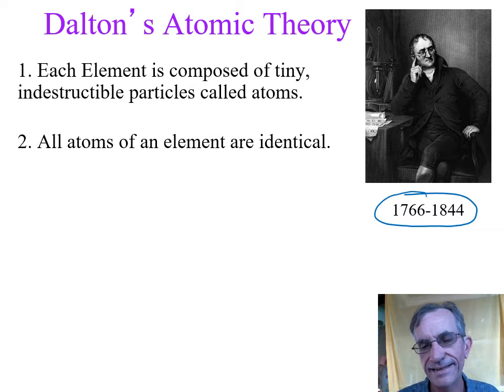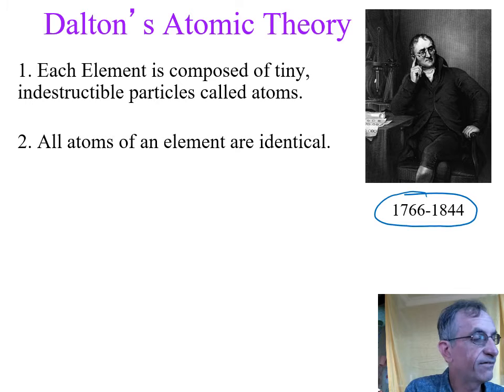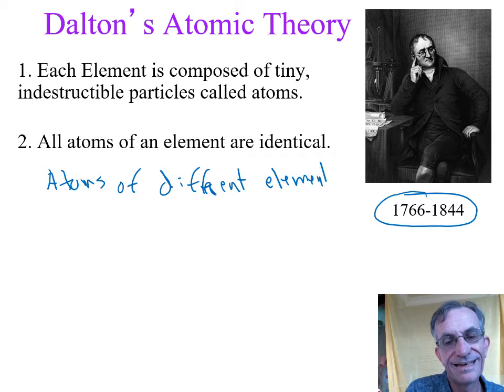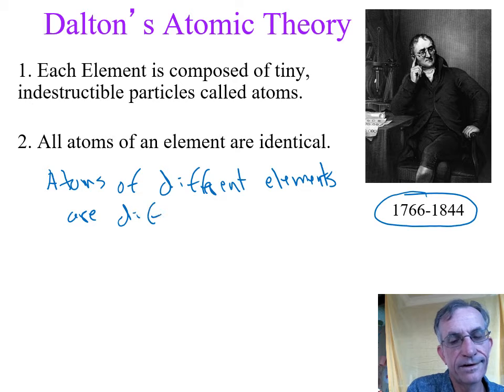We could expand that a little bit. We could say not only is every carbon atom like every other carbon atom, but atoms of different elements are different. So a carbon atom is different than an oxygen atom.